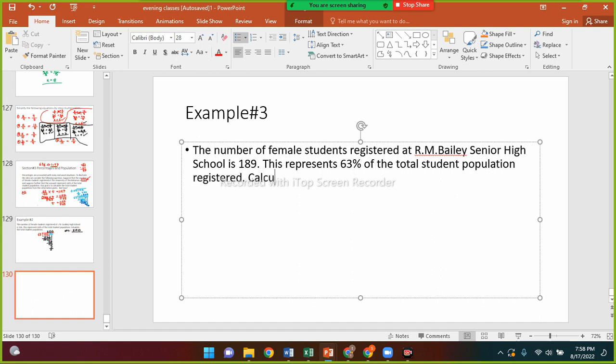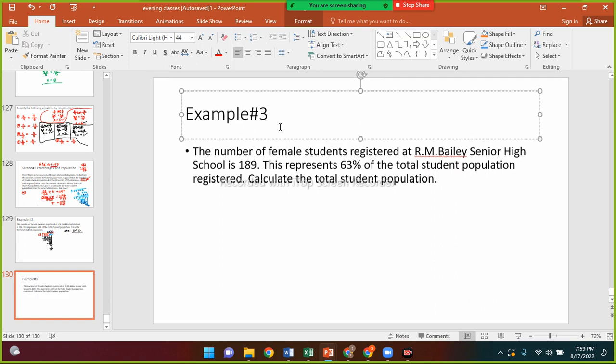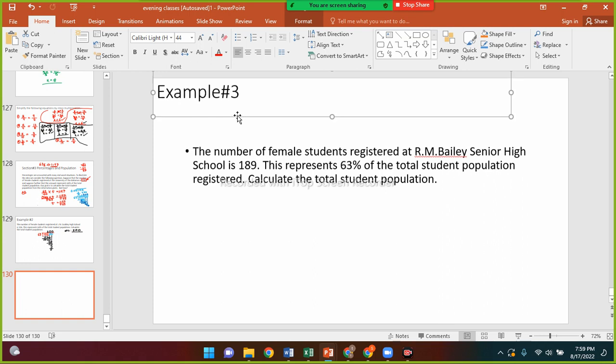Calculate the total student population. Alright, so it's our third example.